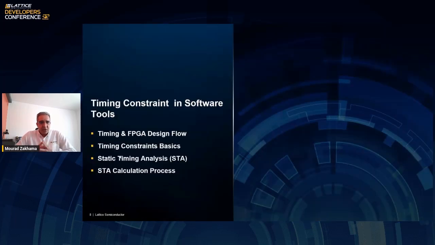So let's look at the timing constraint from the software perspective. We're going to see timing and the FPGA design flow in terms of where they interact in the design flow of an FPGA. We'll cover the timing constraint basics, what a constraint is, and talk a little bit about the static timing analyzer, or timing analysis, short for STA, which is part of the Radiant tool.